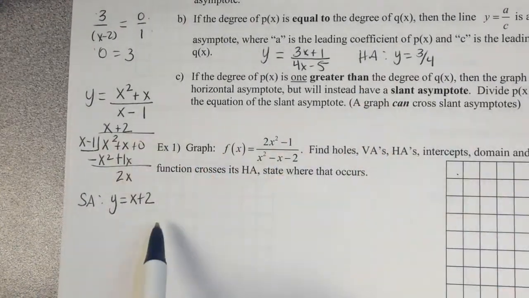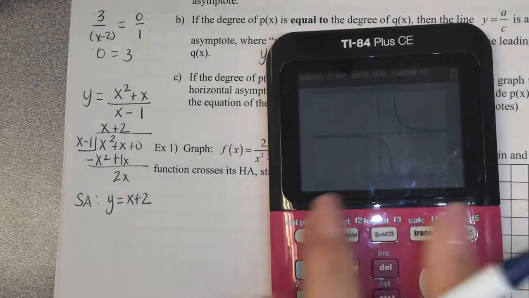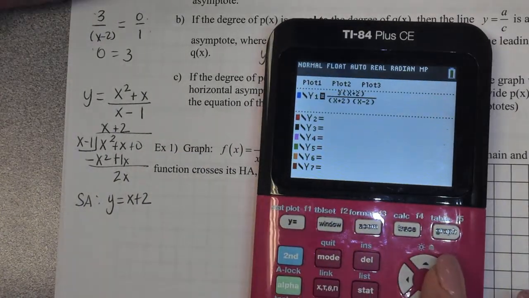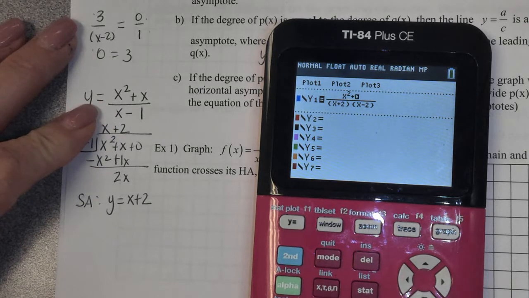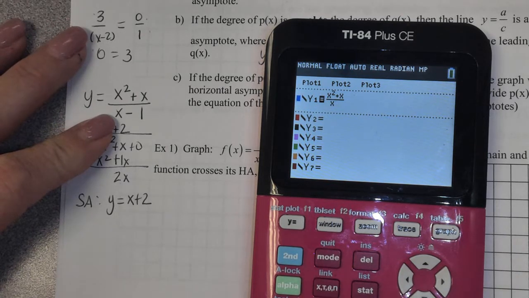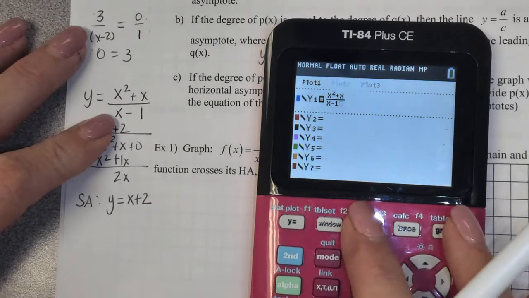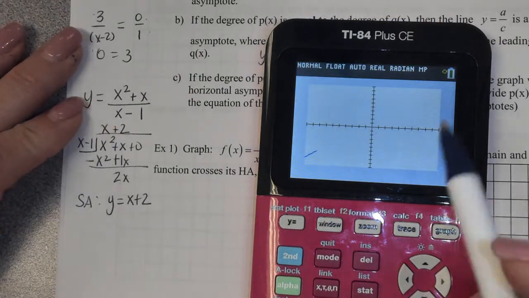Okay, if I looked at it on the calculator, you'd be able to see that slant asymptote. Let me just show you what it looks like. Okay, so here's the way this function looks.